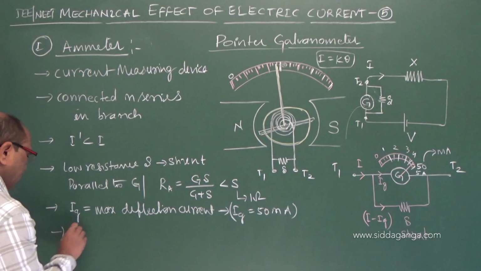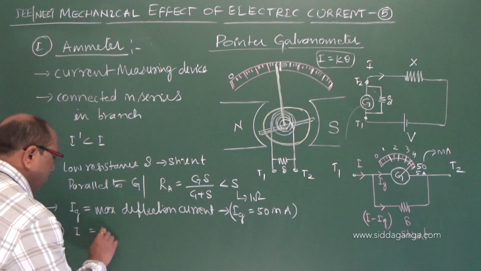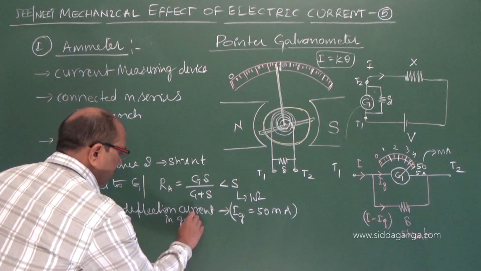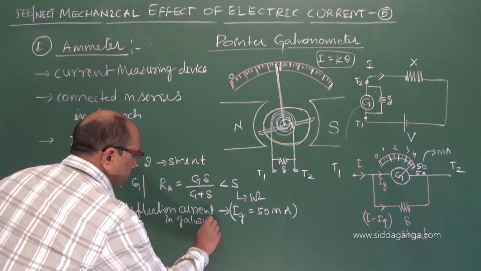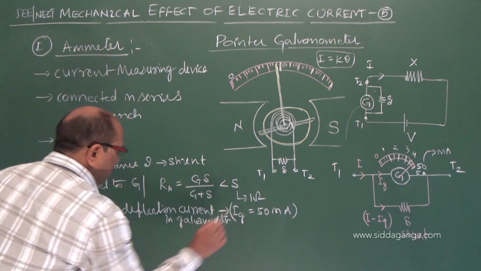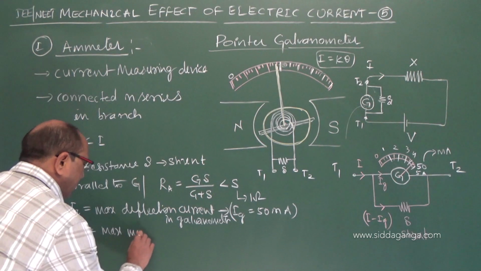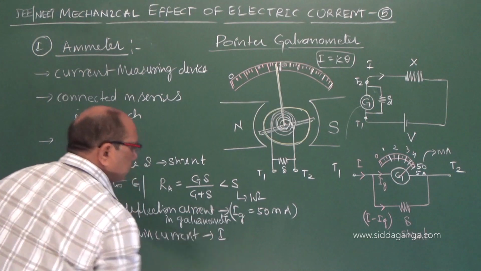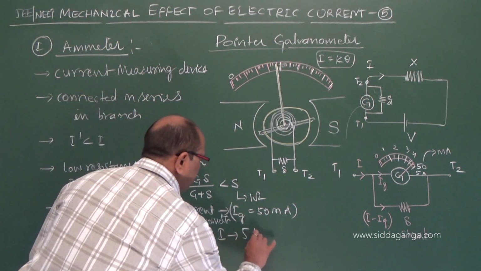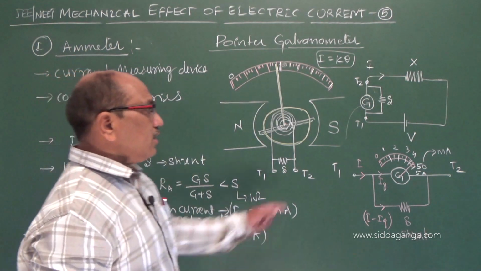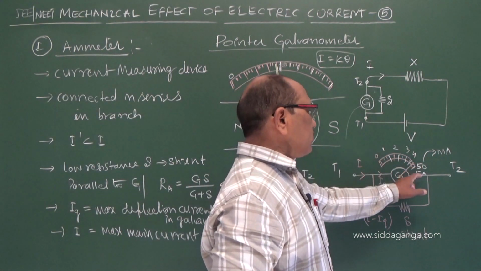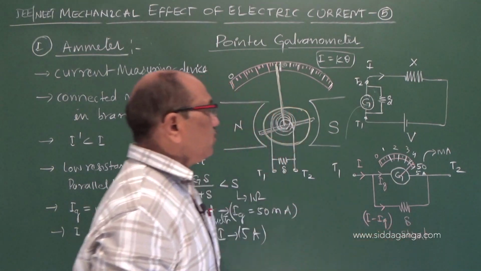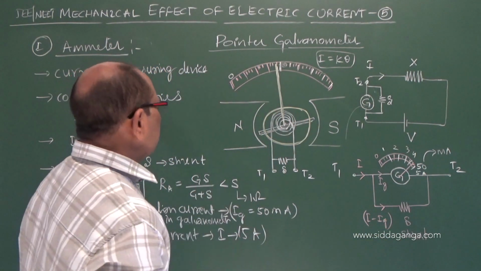So the maximum current measurable, the maximum deflection current in the galvanometer, flows only through the galvanometer. But the maximum main current that I want to measure is I, which I have taken as 5 ampere in this example. Every 10 divisions is 1 ampere, here 50 divisions is 5 ampere. I have to convert it. What value of S can convert it into that?